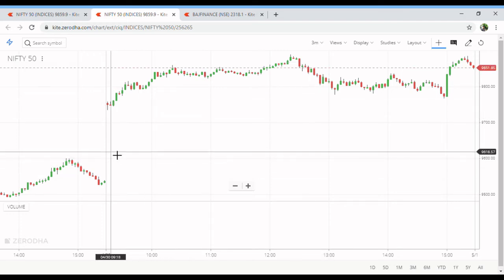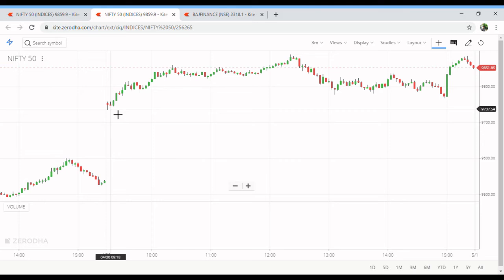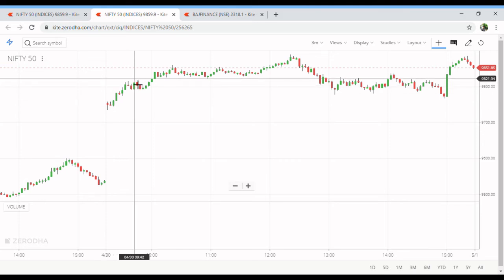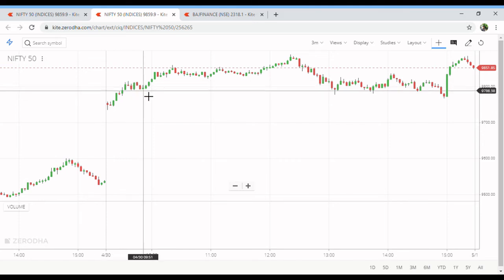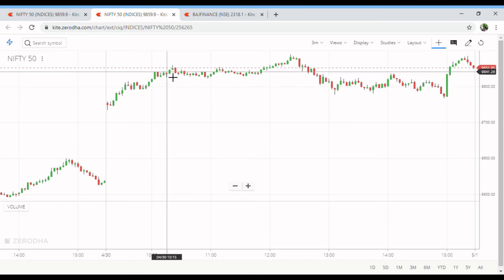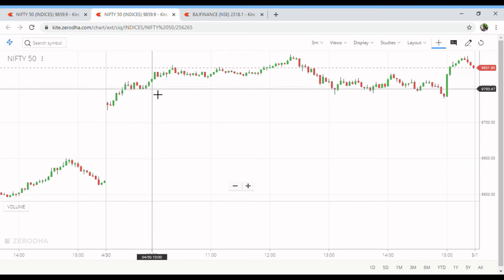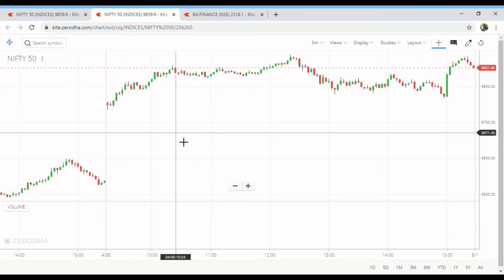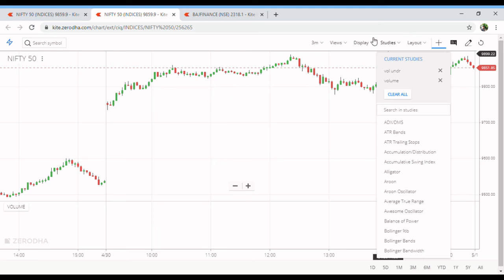Here you can see that Nifty had a gap up today, moved till this range in the morning, then came back, and after that started moving. So you can mark this level as a support. Now I mark this, one second.